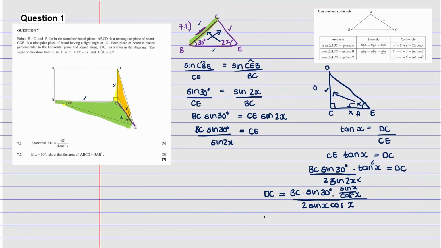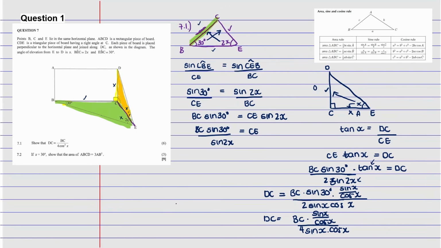So this is the same as DC equals 1 over 4, so it's going to be BC multiplied by sine x cos x, and this is going to be divided by 4 sine x cos x, right?